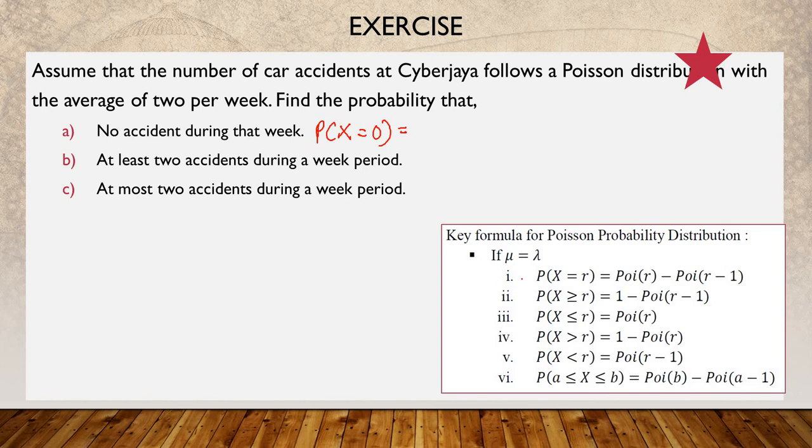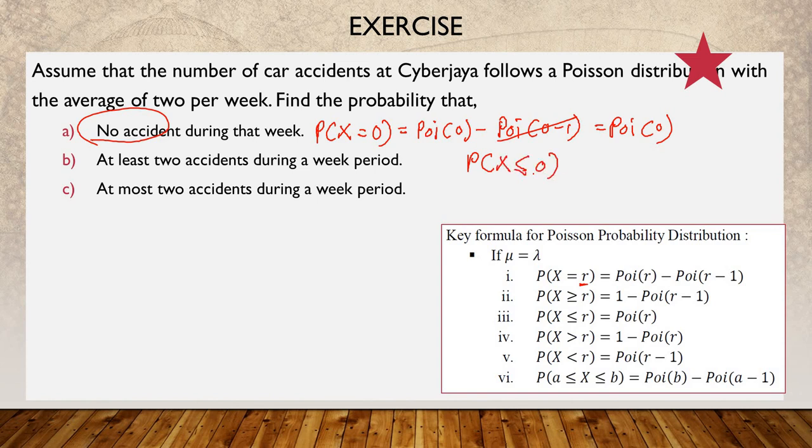So x equals 0, so I take poi 0 minus poi 0 minus 1. 0 minus 1 is negative, so we don't have negative, so this one is discarded. You will have poi 0. Or if you want no accident, we can also use x less than or equal to 0, meaning x will be maximum 0.